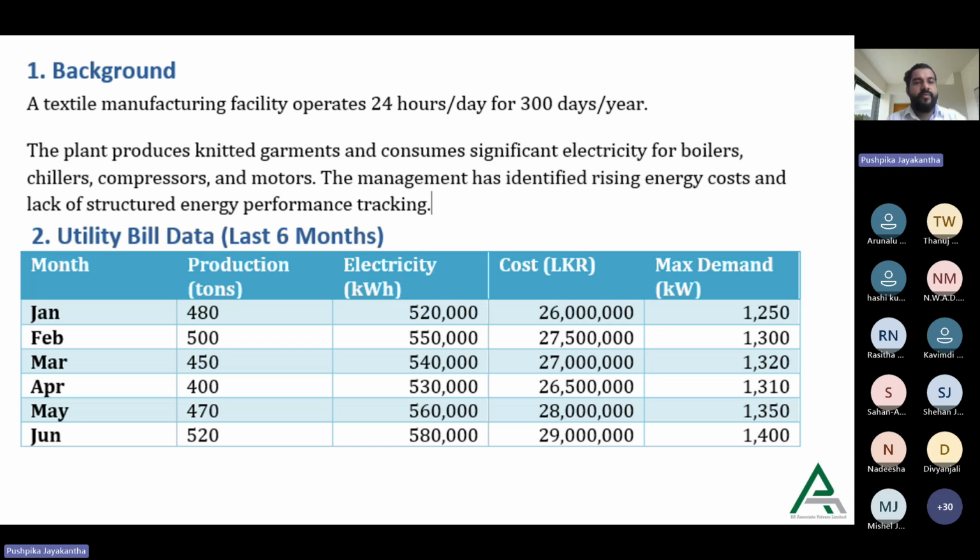Here, a textile manufacturing facility operates 24 hours per day for 300 days per year. The plant produces knitted garments and consumes significant electricity for boilers, chillers, compressors, and motors. The management has identified rising energy cost and lack of structured energy performance tracking. They have provided utility bill data for the last 6 months, their production record, electricity cost, and the maximum demand.